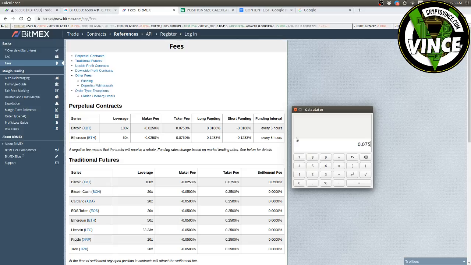Then you're going to have a fee when you sell or close your position. In that case you're going to pay, for example, another 0.075 percent. So in that case, this will bring you to 0.15 times how much leverage you use. So if I use 100 times leverage, you're going to be paying, oh, one second. That should have been an addition, not a multiplication. Oh yeah, why did I do that.